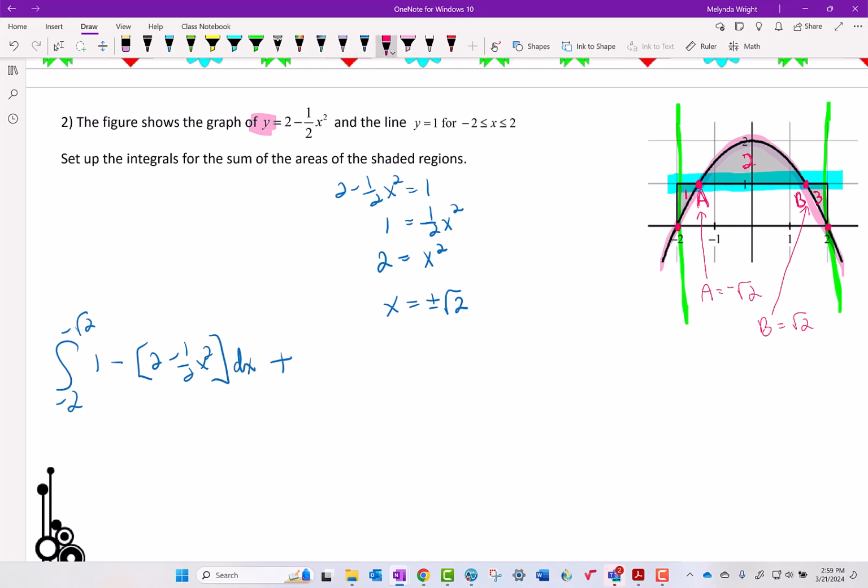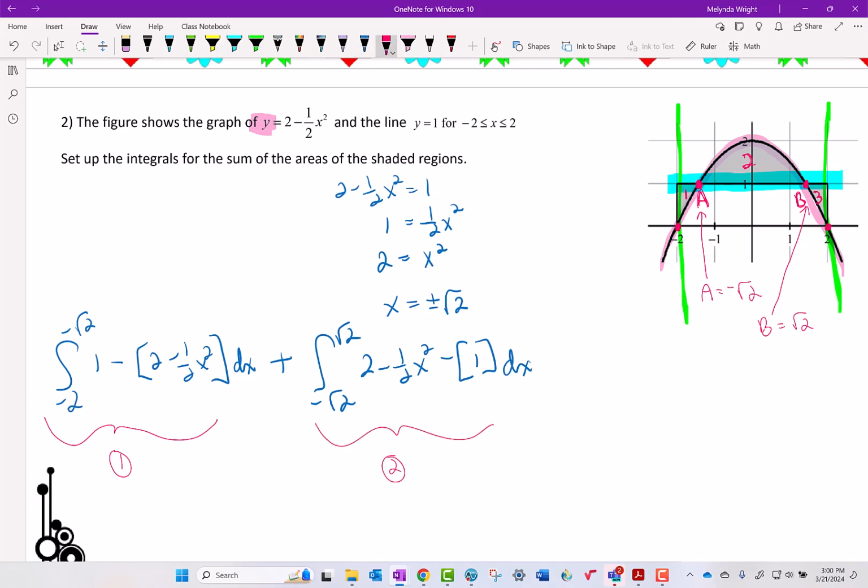So this right here would calculate the area for section 1. Is everybody okay? All right, the middle section is going to go from negative root 2 to root 2. And in that case, the big one is the pink one, so 2 minus 1/2 x squared minus, and the little one is the blue one, which was 1. So this is going to calculate the area for section 2.